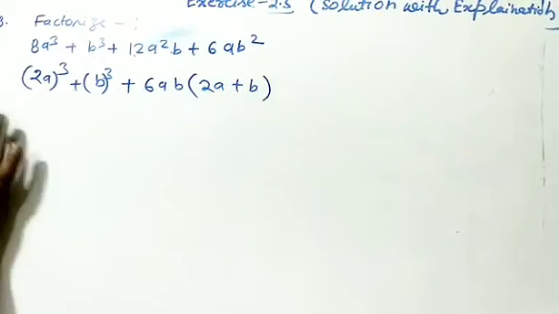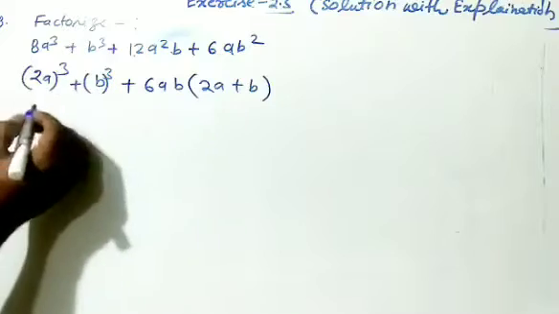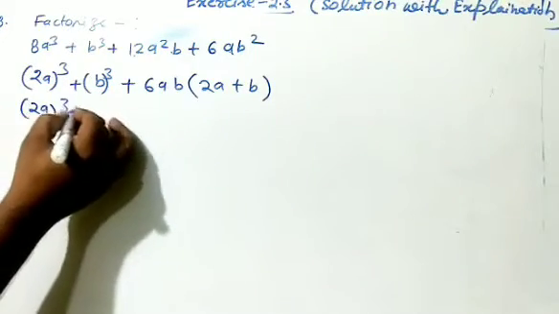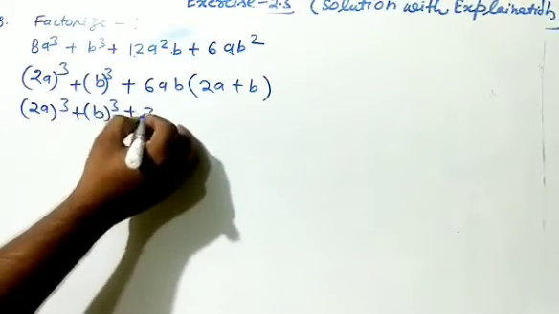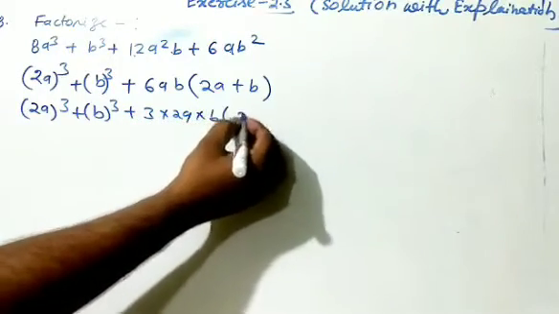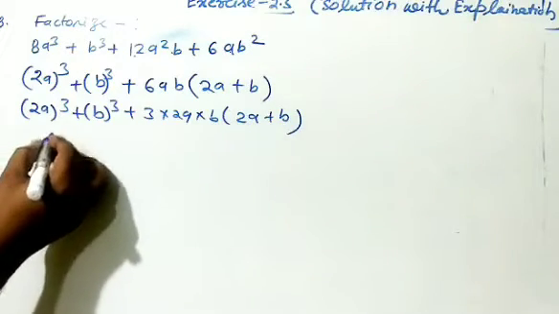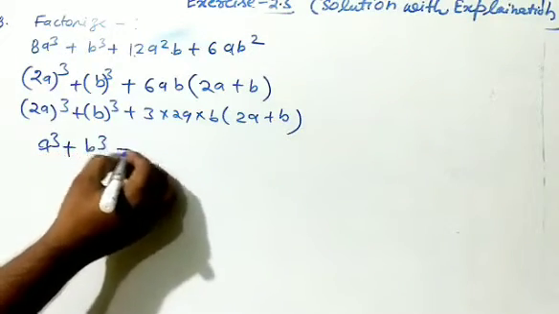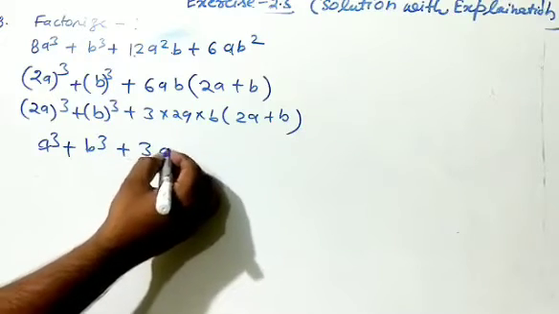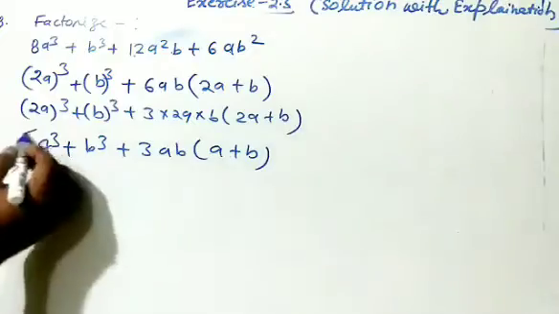Now, if we compare with the formula a cube plus b cube plus 3ab, where is the 3? So we write here like this: 2a cube plus b cube plus 3 multiply 2a, it is already 6a, b, 2a plus b. Now we compare a cube plus b cube plus 3ab, a plus b. What is this formula?